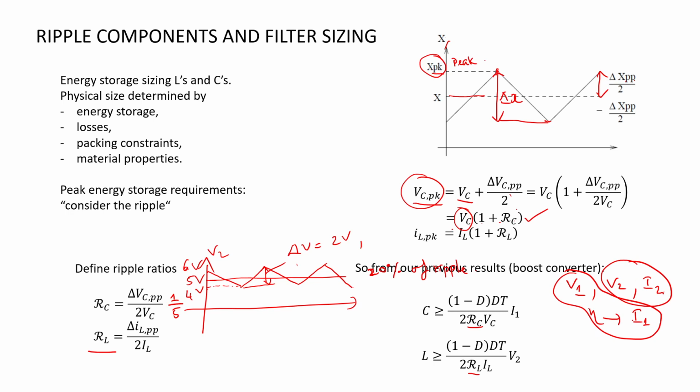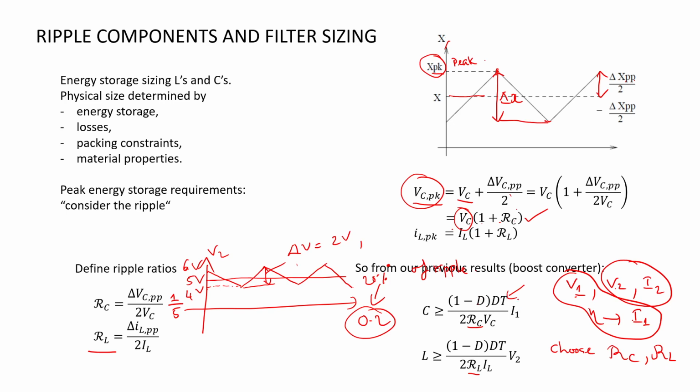Now you have all these parameters. Then you choose the ripple ratio for C and L, how many percent. 20% means 0.2. This is an example for C or L. And in order to convert from V1 to V2, you can calculate the duty ratio D. How about period T?